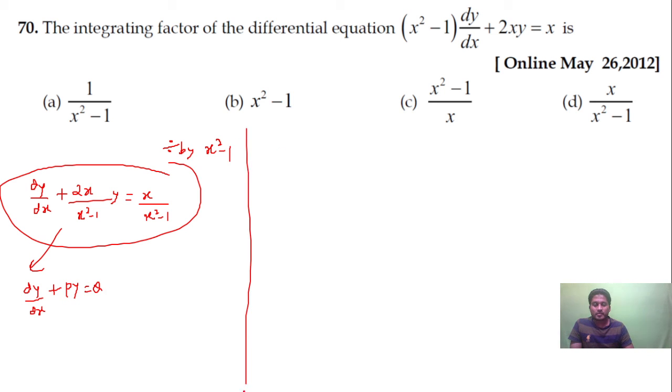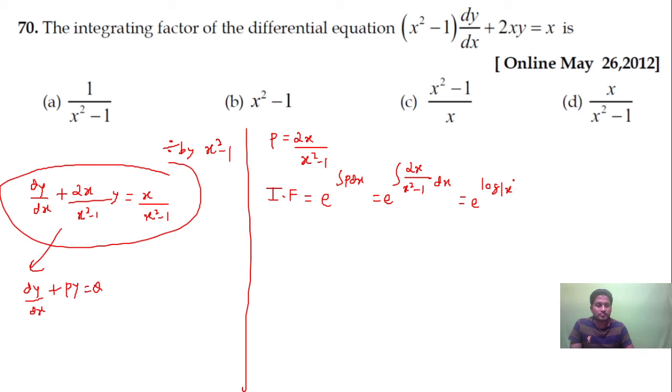Now p is equal to 2x upon x square minus 1. I want only the integrating factor. IF is equal to e to the power of integration of p dx, so this is e to the power of integration of 2x upon x square minus 1 dx. You differentiate the denominator, you get the numerator, so it is log of x square minus 1. e to the power of log x is x, you get x square minus 1. Answer is option B.